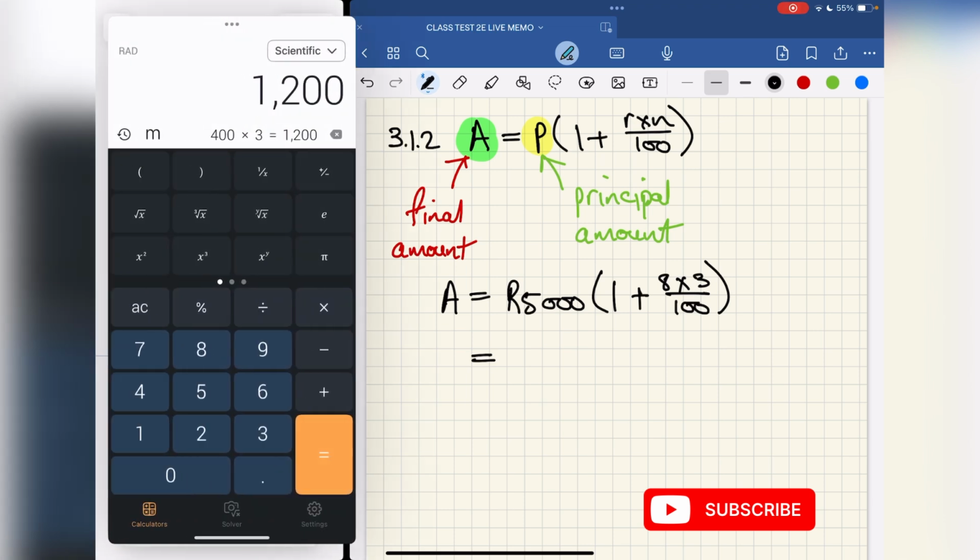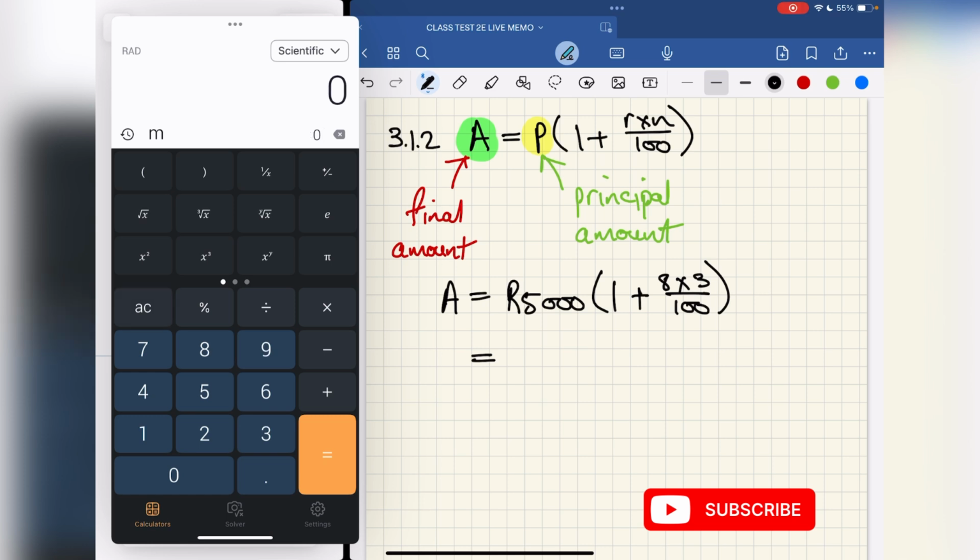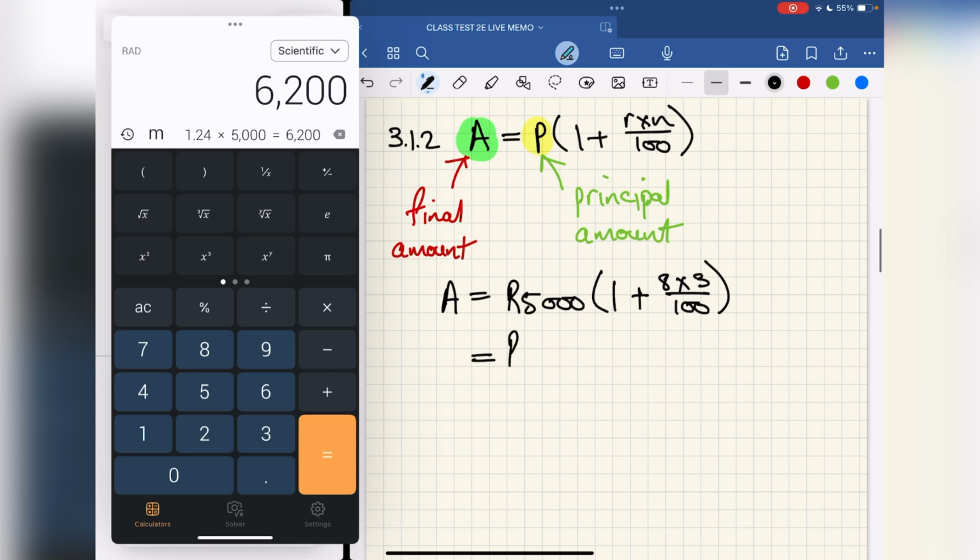I punch in 8 times 3, which is in that fraction there, divided by 100 equals that, plus the 1 equals that, and then times my 5,000. So there I have my final amount of 6,200. So that's the one way you could do it.